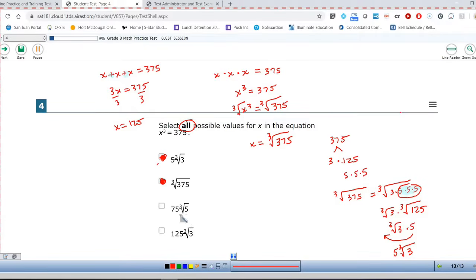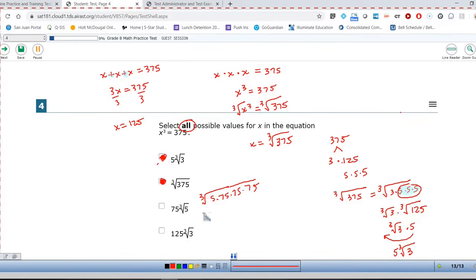All right, so these ones would not work, because this would imply that I had the cube root of 5 times 75 times 75 times 75, and that's going to be way too big.